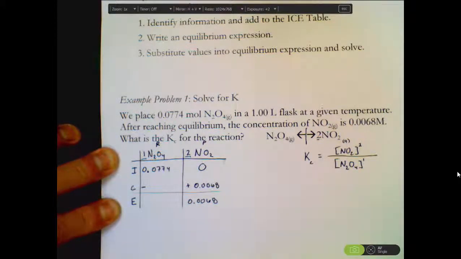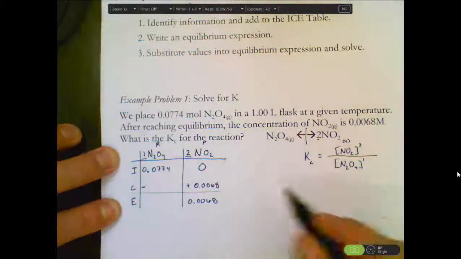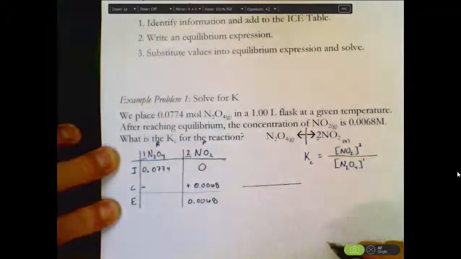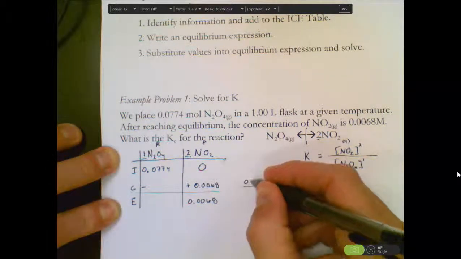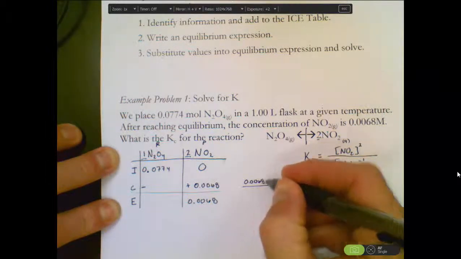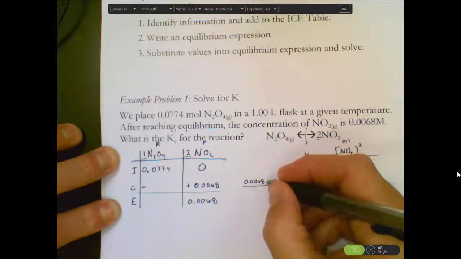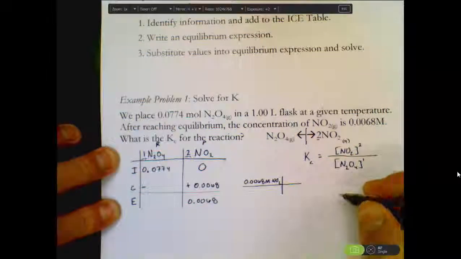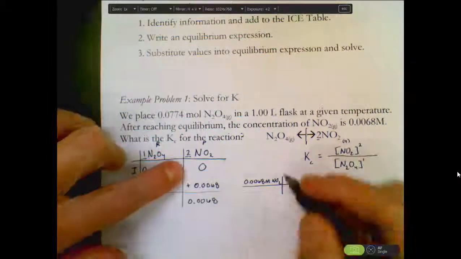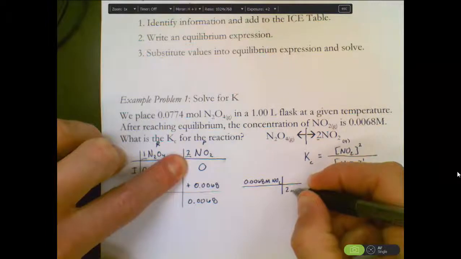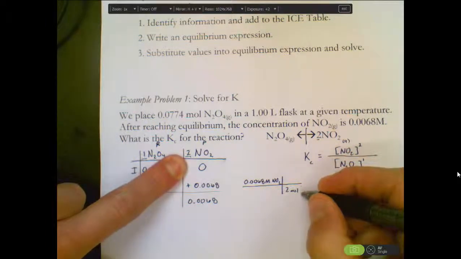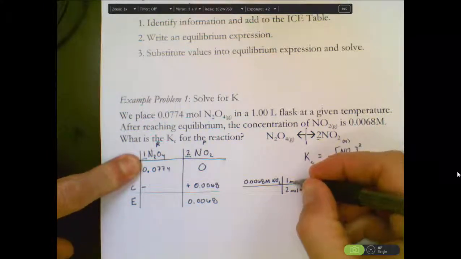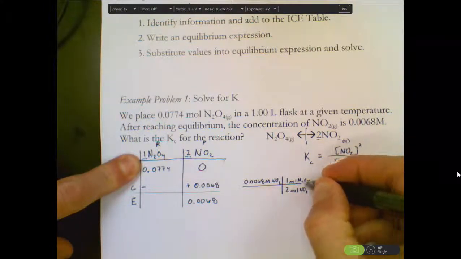We can do the quick stoich to show how that works by setting up a factor-label problem. If I take my change, 0.0068, and that is big M of NO2, it's going to change in a 2 moles of NO2 to a 1 mole of N2O4 ratio.